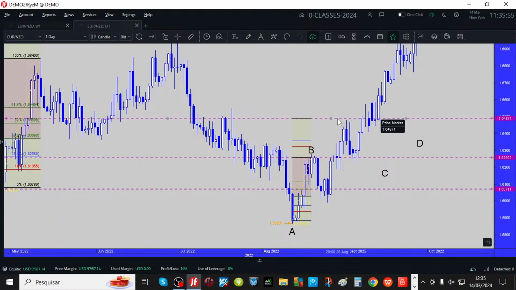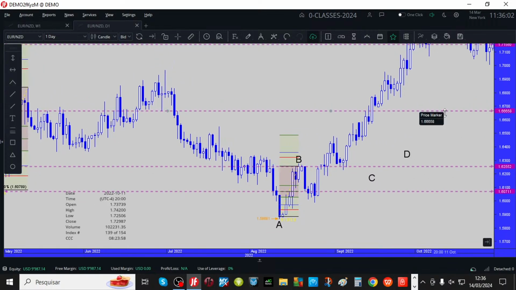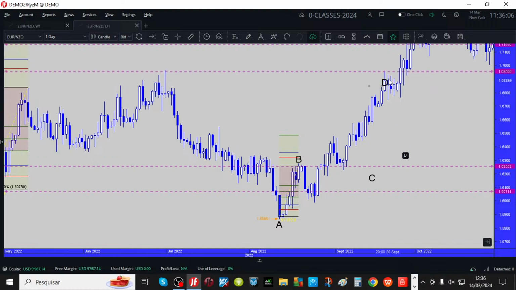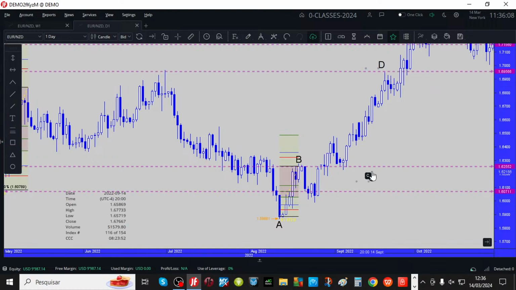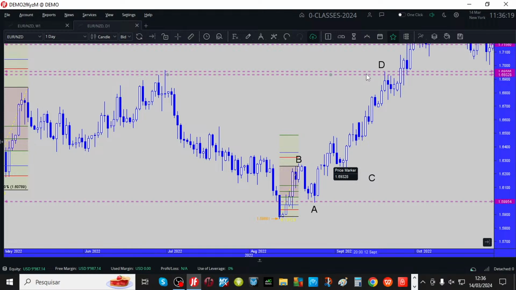So, the market didn't hit the extension. Moving forward, looking for a high. Bam! That's the D this time. So A goes to C, right? A goes to C and B goes up to here.